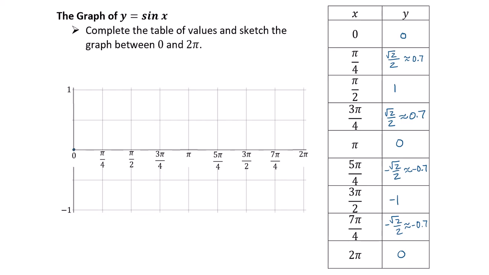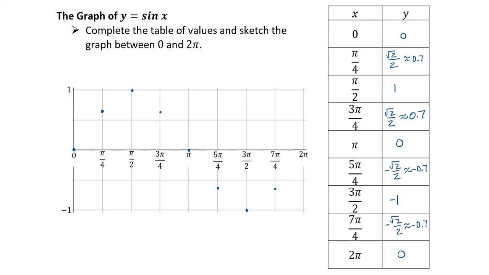Here we can graph 0, 0. At pi over 4, I have about 0.7. And at pi over 2, 1. 3 pi over 4, 0.7. Pi, 0. 5 pi over 4, a negative 0.7. 3 pi over 2, a negative 1. 7 pi over 4, a negative 0.7.